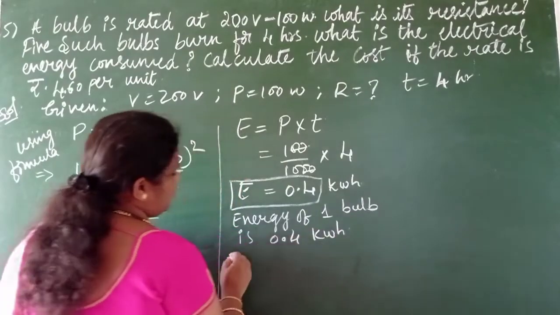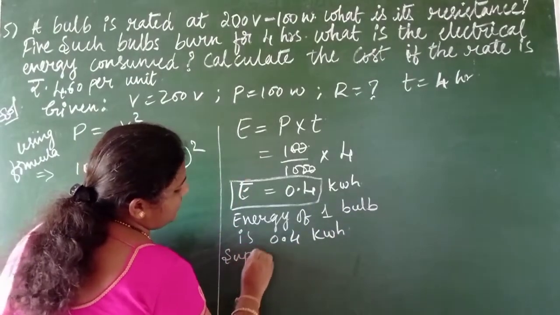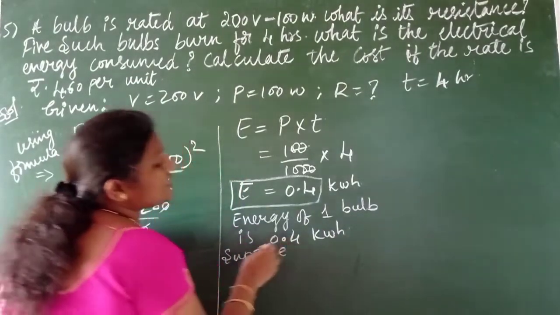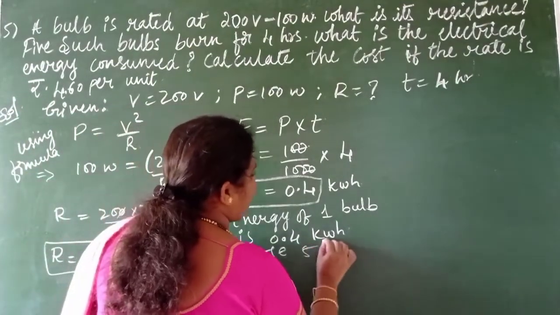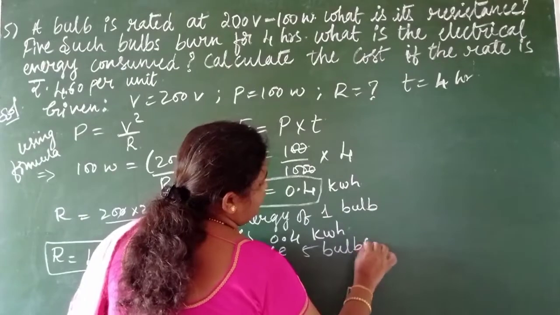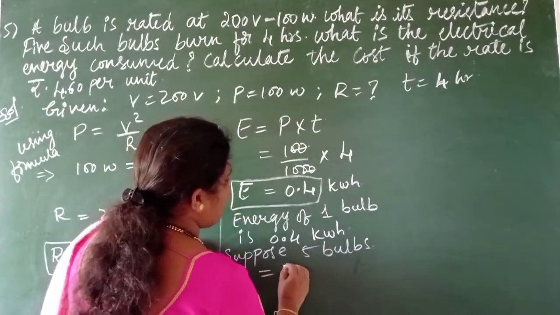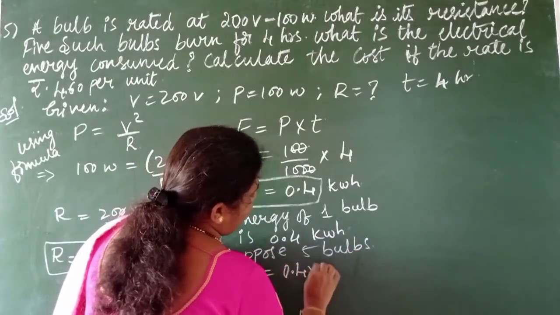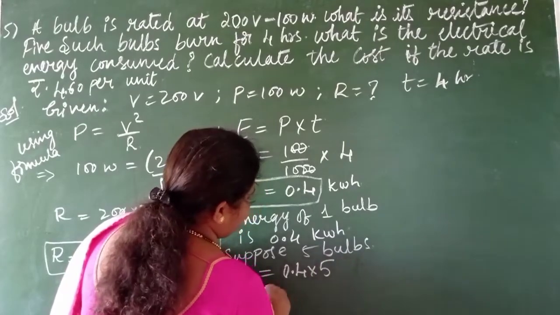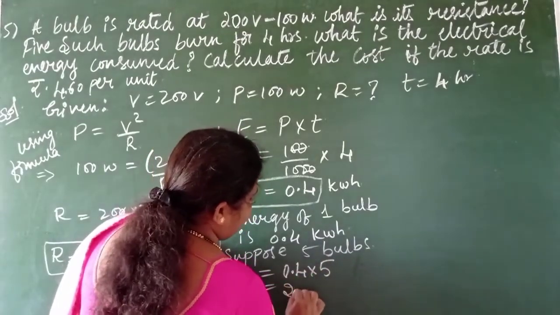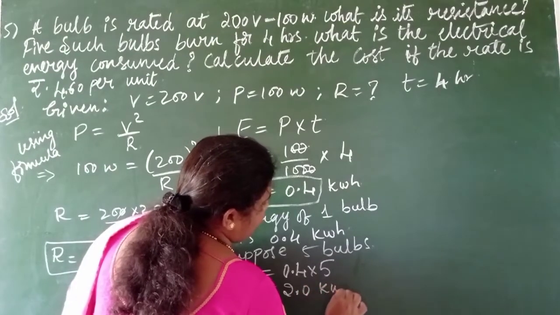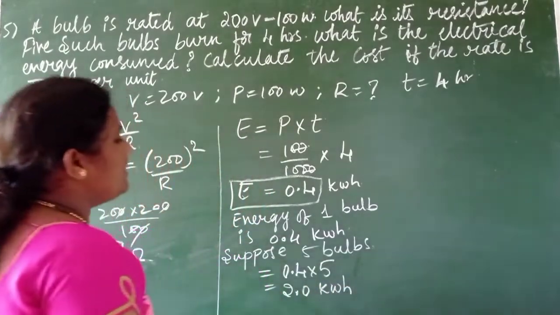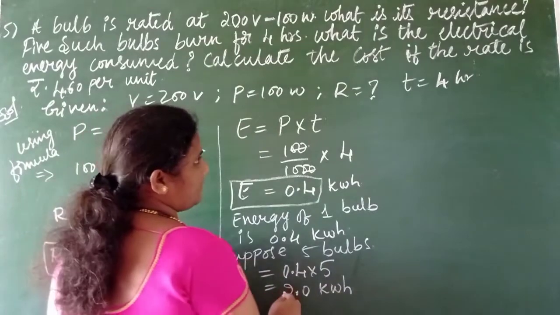Suppose in the question they said that 5 such bulbs are connected. Then we have to multiply 0.4 into 5, which is nothing but 2.0 kWh. That is for 5 bulbs.